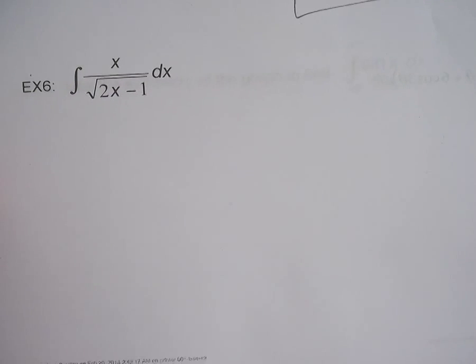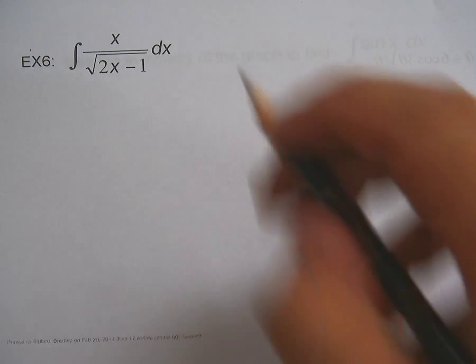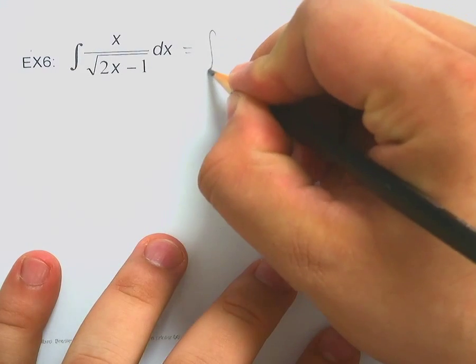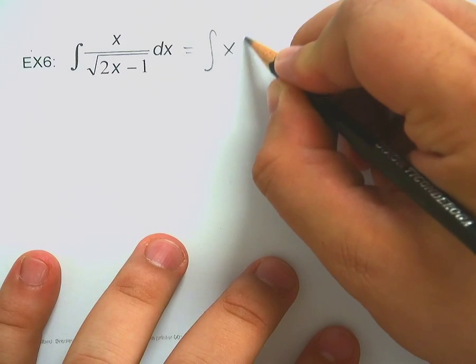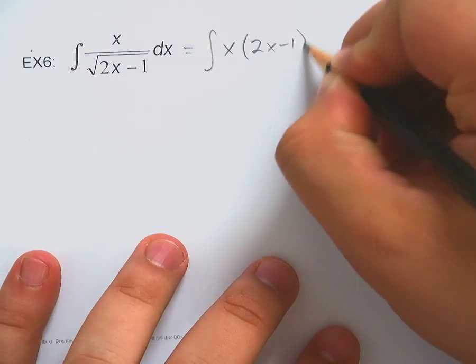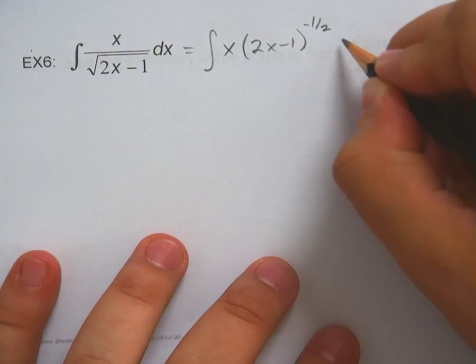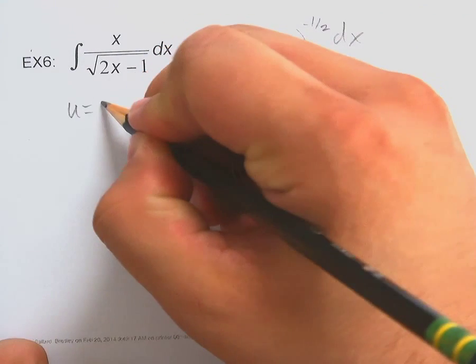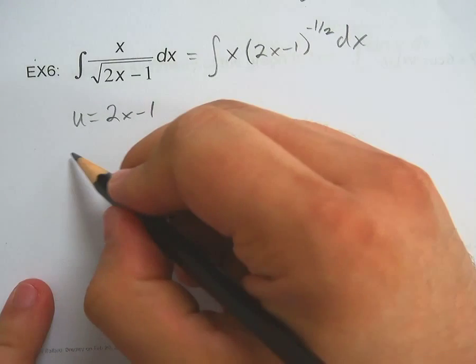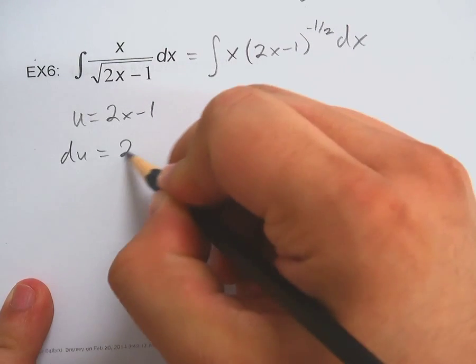Down here, again, first thing, number 6, I'm going to do is rewrite this as the integral of x times (2x minus 1) to the negative 1/2. Helps me see it better that way, so u is 2x minus 1. So du is 2 dx.